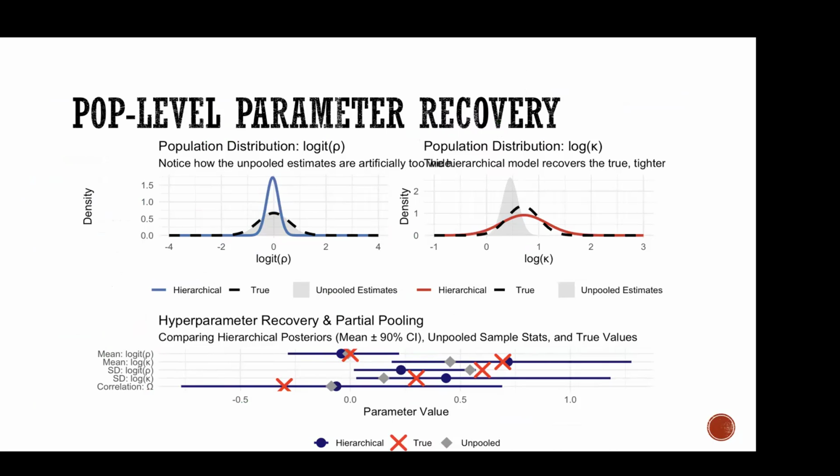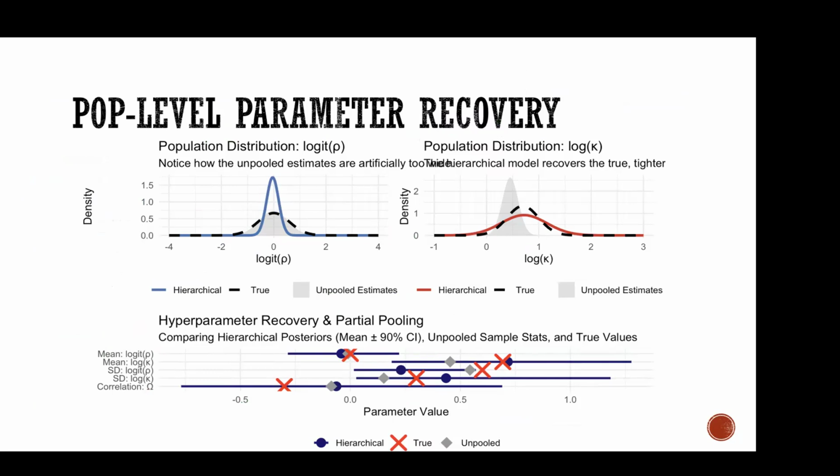We look at how well the model recovers the true parameter value. I'm going to explain the plots in a second. And how different would the mean across the single agent models be from our estimate?